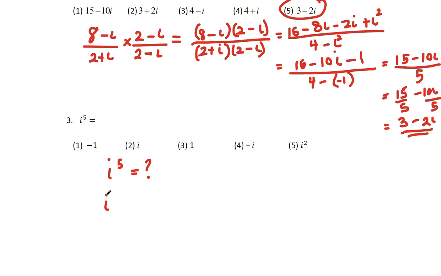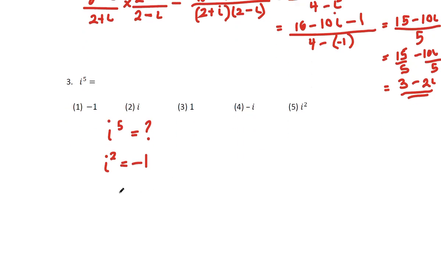But what do we know? We know that i squared is equal to negative 1. So i squared multiplied by i squared multiplied by i to the 1st power, an invisible 1st power, would be the same as i to the 5th power.